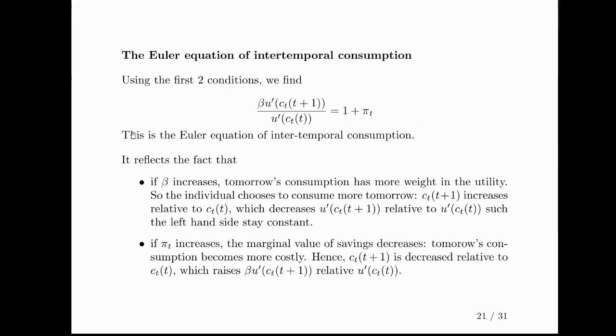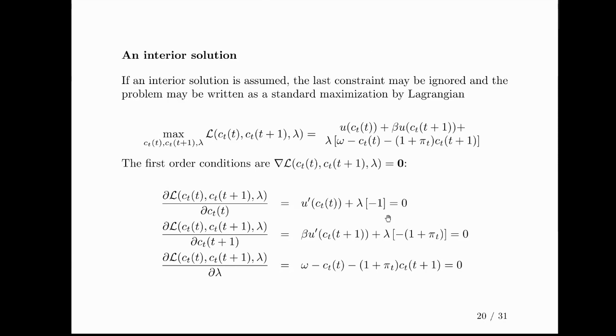All right, so what I can do here is use this condition to write U prime of Ct equals lambda, and this condition to write beta U prime of Ct+1 equals lambda times 1 plus pi t. Then I could simply divide one by the other to get rid of the lambda.